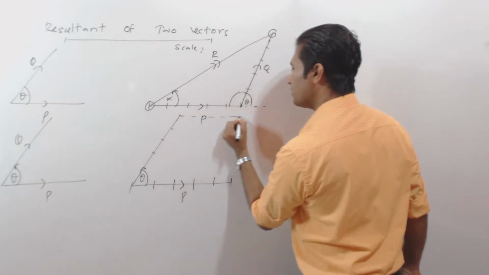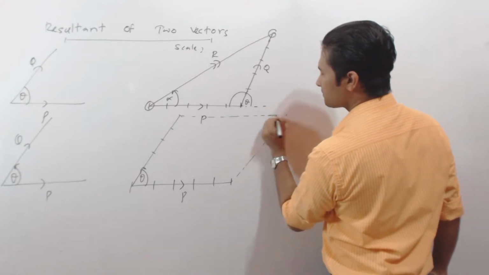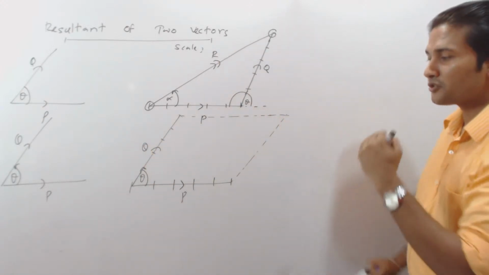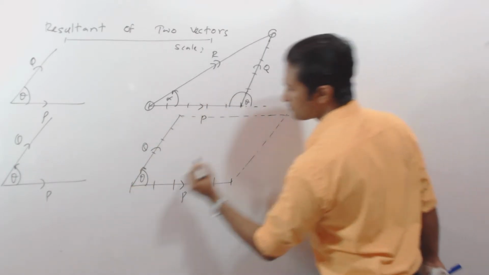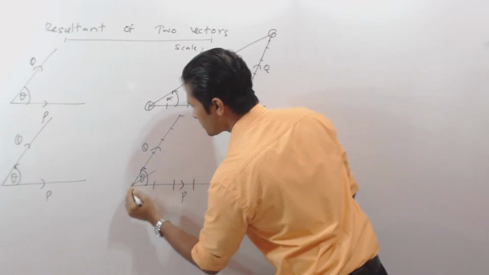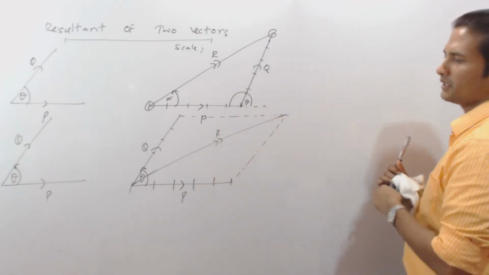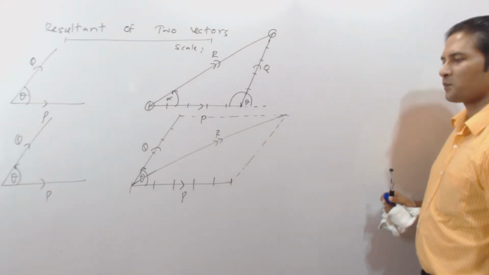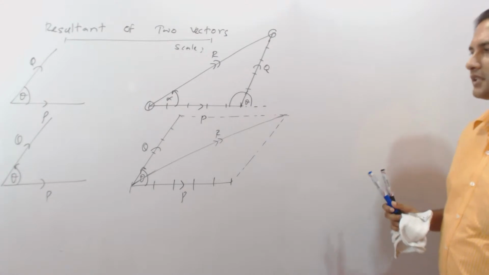Then complete the parallelogram just like this. Then take the diagonal which goes through these two vectors p and q. This direction gives you the resultant, that is along the diagonal. So these are the two procedures in order to find the resultant.